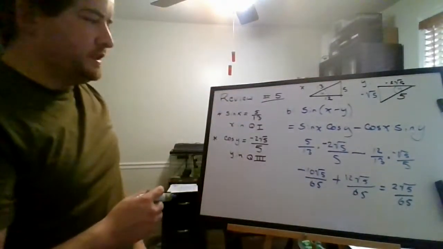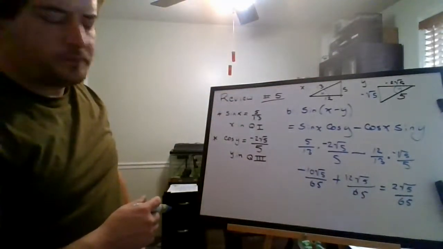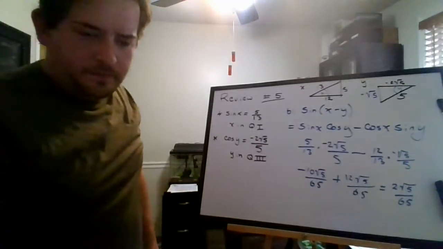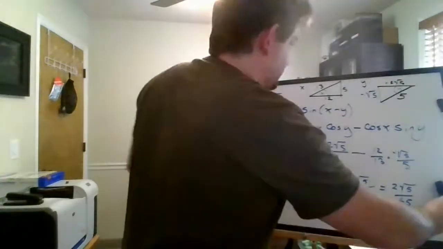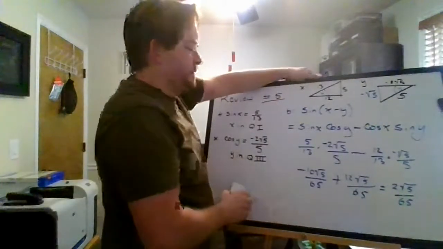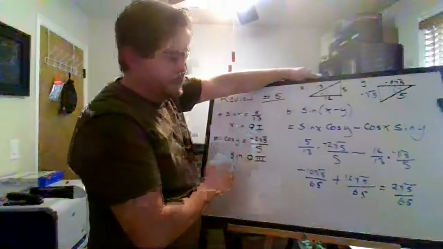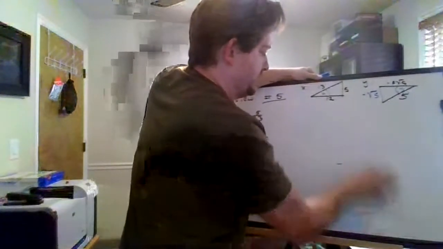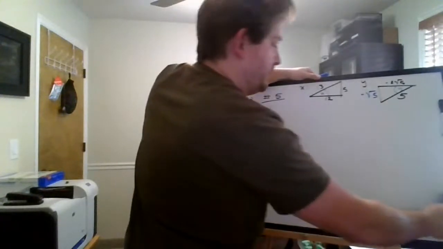Root 5 all over 65. And that's B. All right, let me do D. I'm going to skip to D. I think C is similar to those, so I'll let you figure that one out.